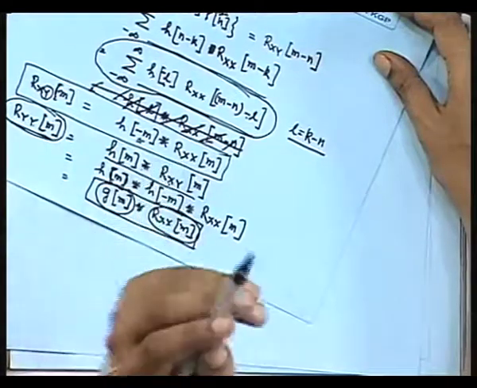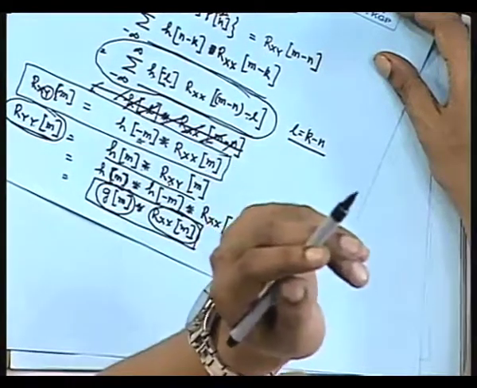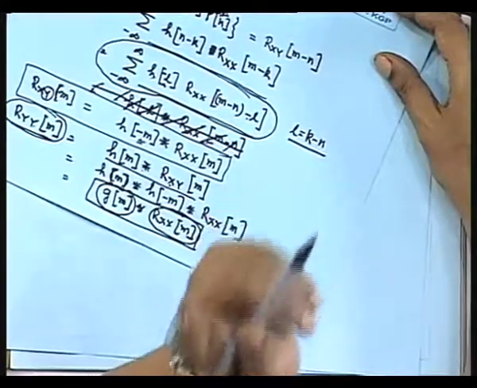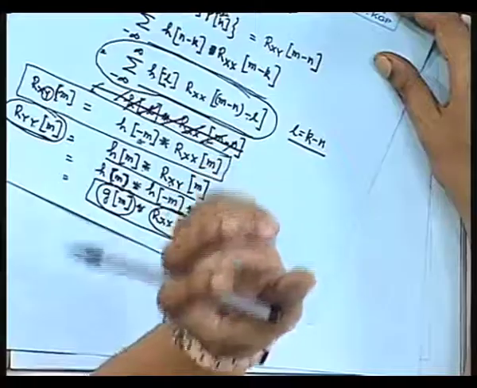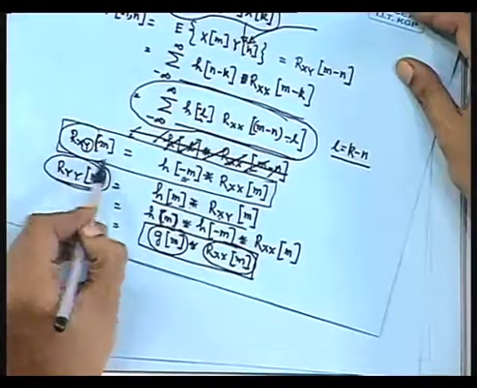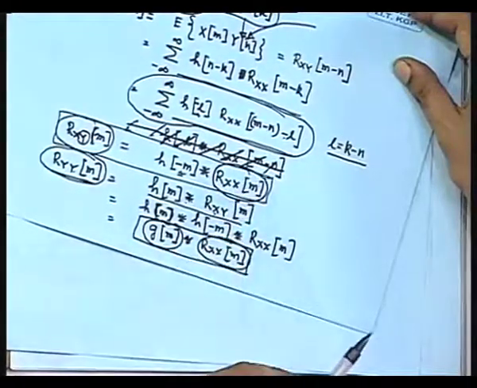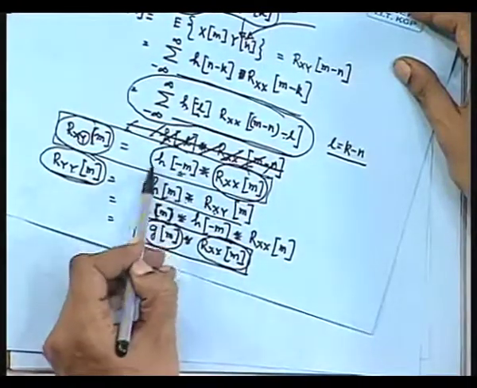So we know that if two quantities are related by the convolution integral, then if you take the Fourier transform of those two quantities, it will be a product. So the Fourier transform of this is going to be the Fourier transform of this multiplied by the Fourier transform of this.